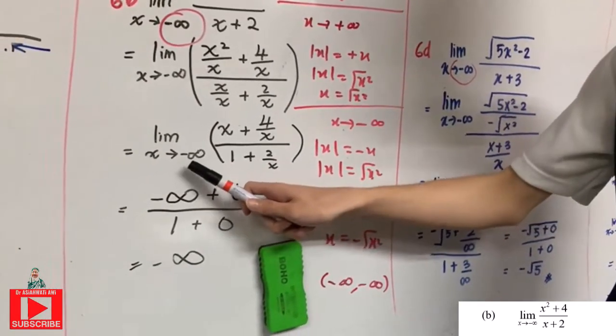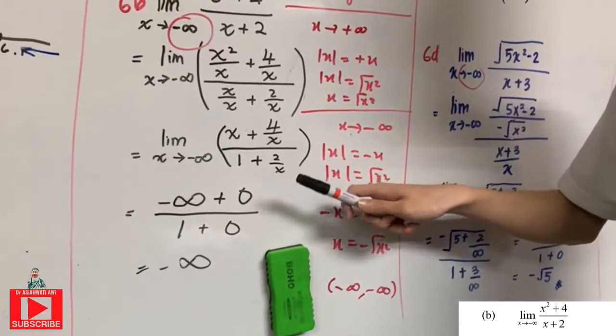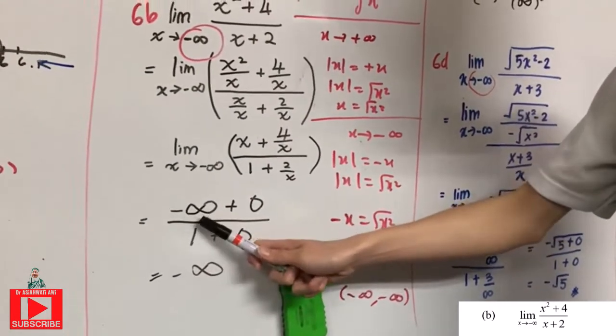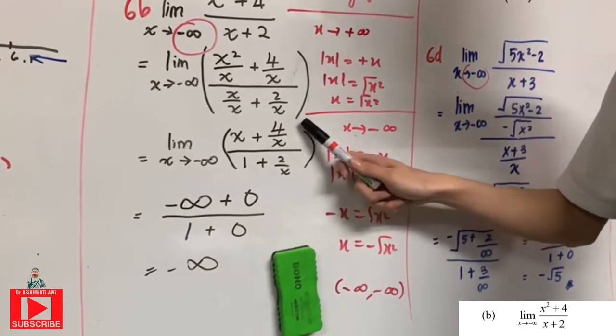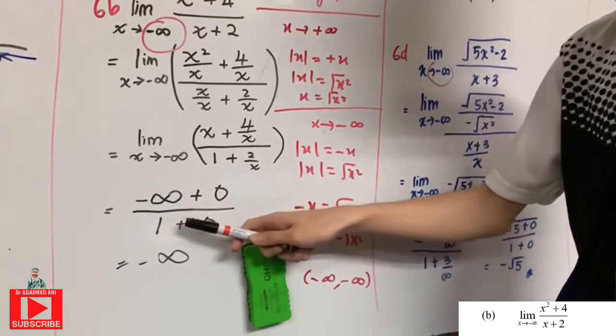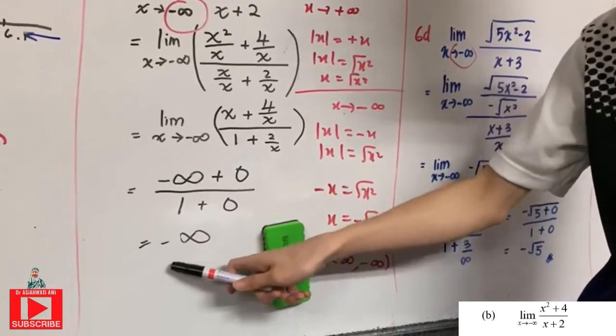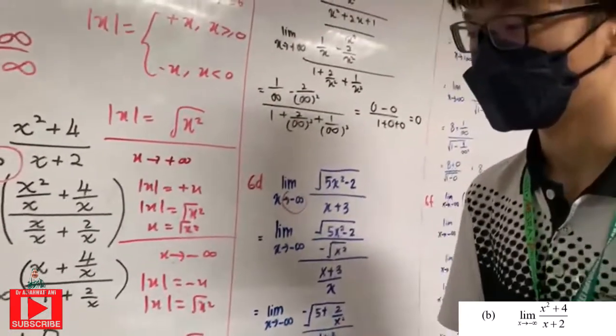So we substitute the negative infinity into this equation, and we get negative infinity plus 0, because anything divided by infinity will get 0, over 1 plus 0, which is also equal to negative infinity.